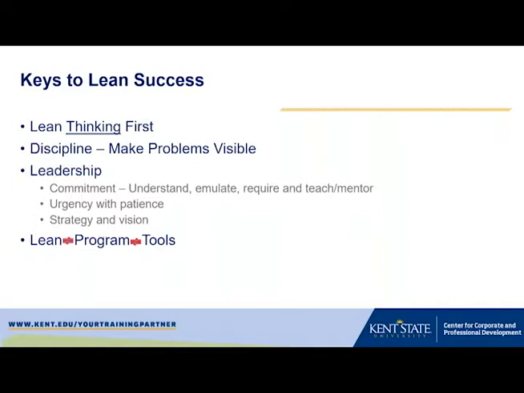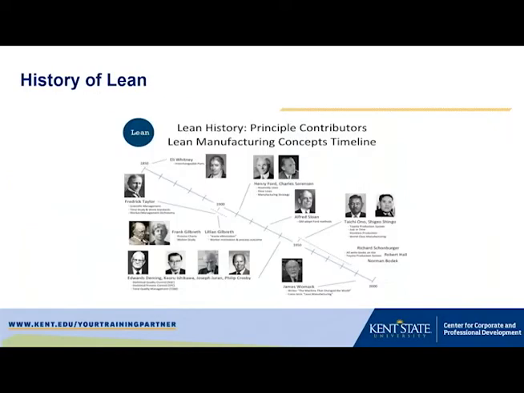Again, it's not easy. It's not new. There's a history, modern history for lean that starts back with Industrial Revolution stuff. Eli Whitney, back around 1850. You may recall that he's known for the invention of the cotton gin and creating interchangeable parts for that machine.